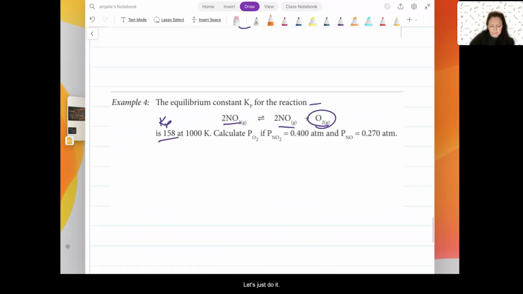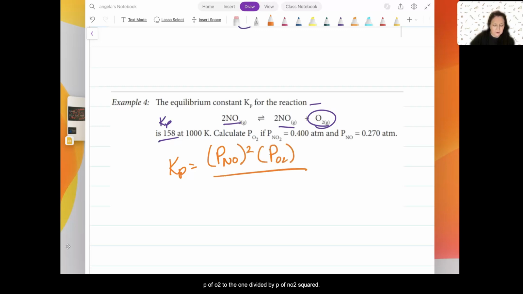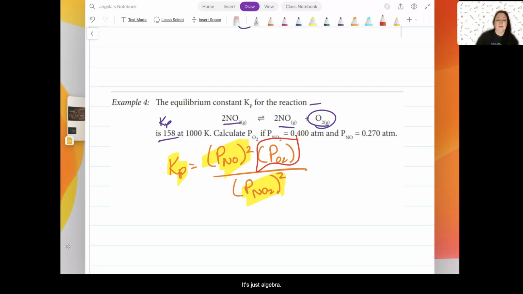We have Kp equals P of NO squared, P of O2 to the 1, divided by P of NO2 squared. So they have given you this value, they have given you this value, and this one. And so you have to solve for this. It's just algebra. Plug in and solve.